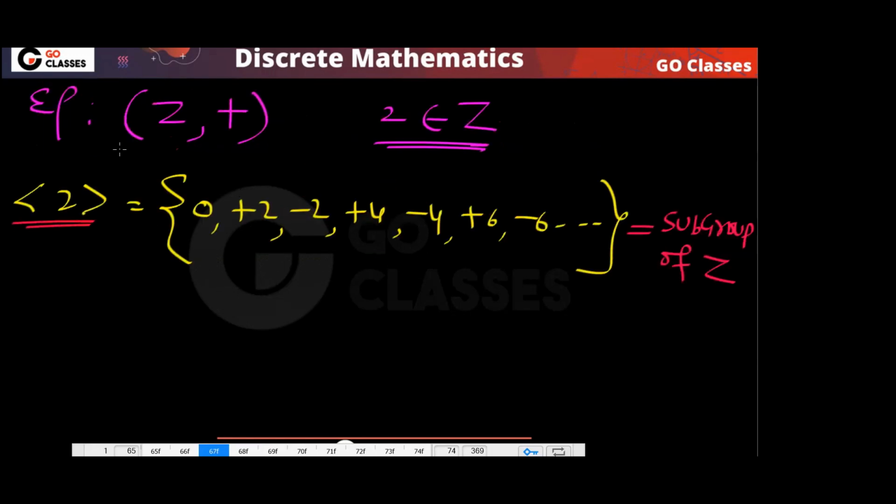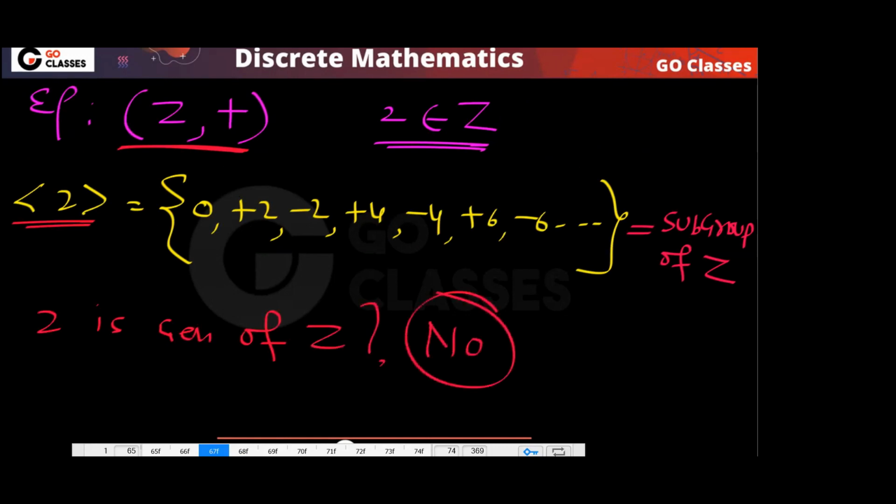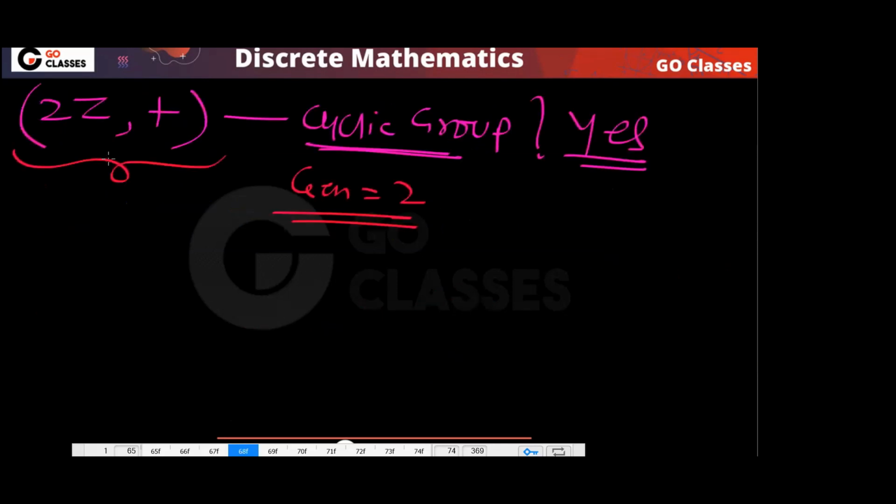Can I say 2 is a generator of this group? If you consider the whole group Z, the answer is no. 2 is not a generator of Z, but if you take 2Z individually, outside, then it is a cyclic group with generator 2.